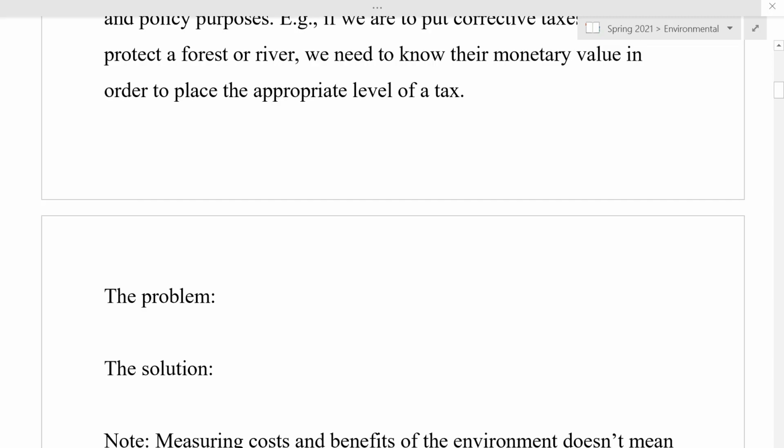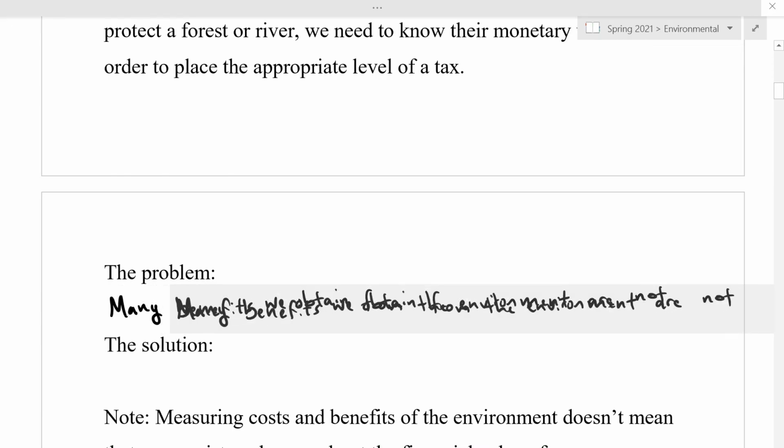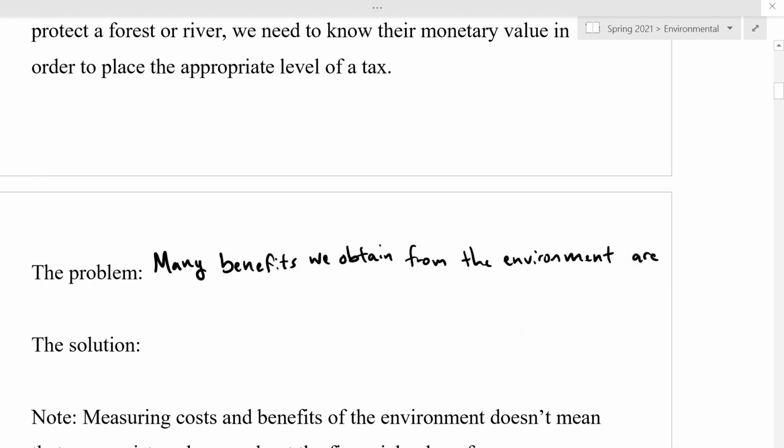So the problem we face is that many benefits we obtain from the environment are not derived from market transactions.